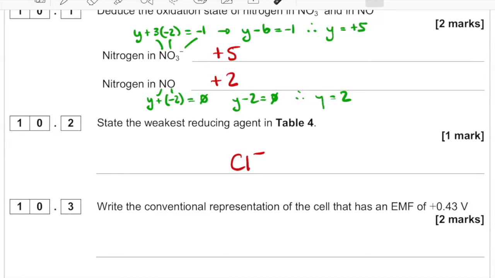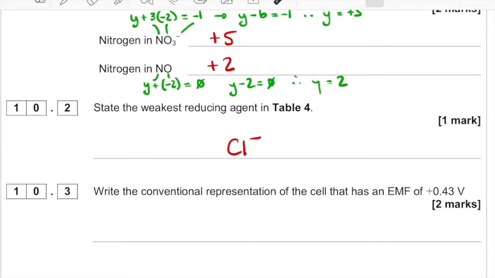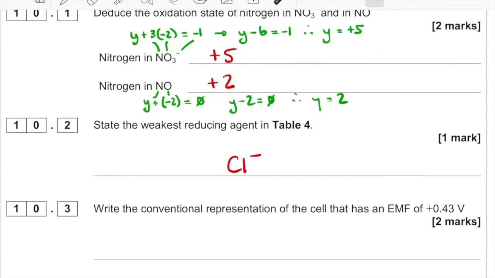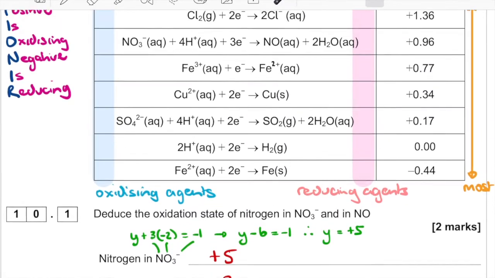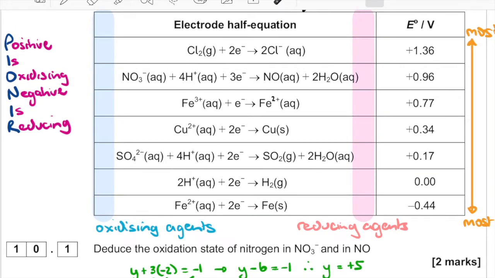Then it asks us to write the conventional cell representation that has the EMF of plus 0.43. Now, the 0.43 is the difference between them. They have been very kind in giving us these values in an order, because really you can think of this as a number line.